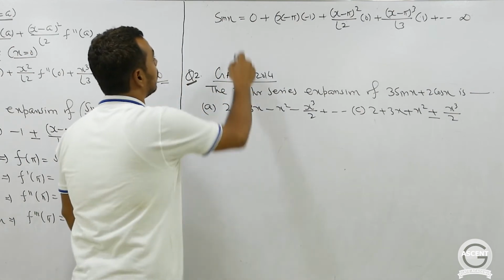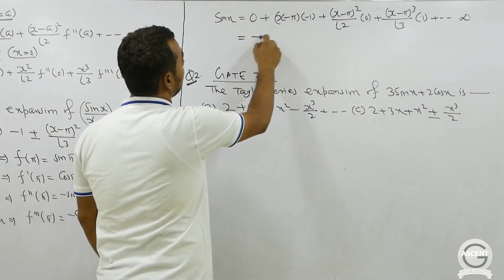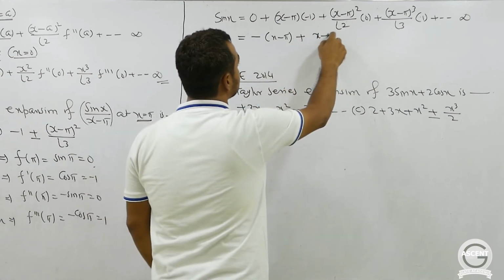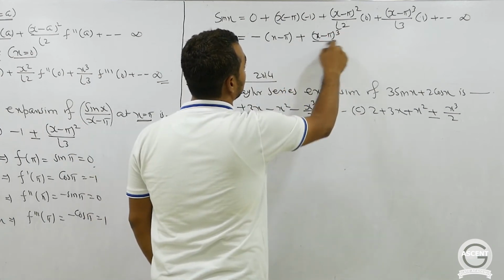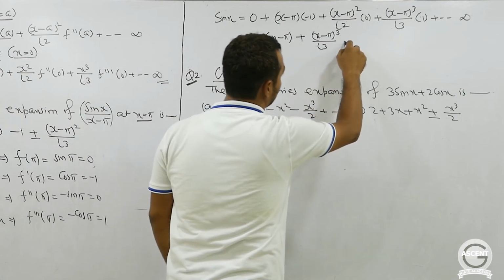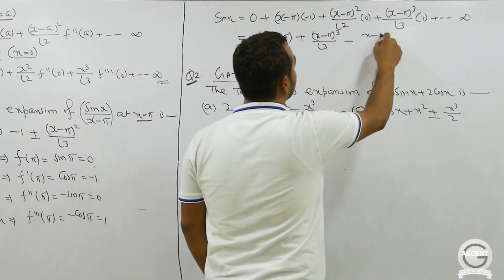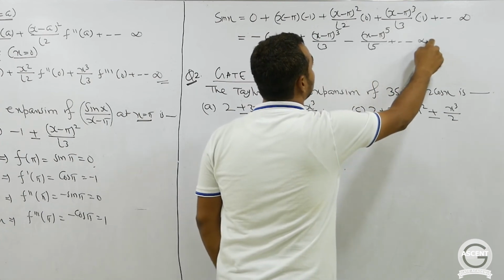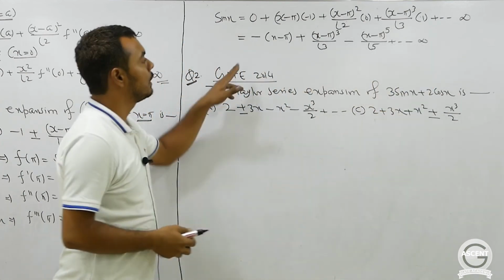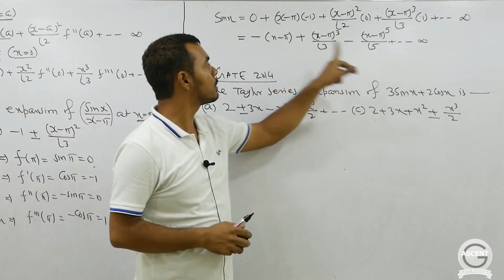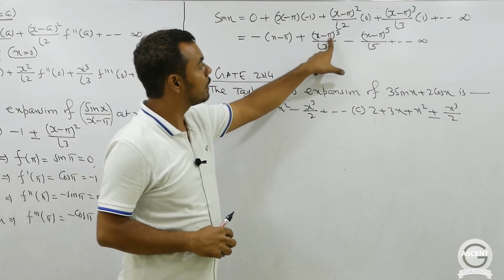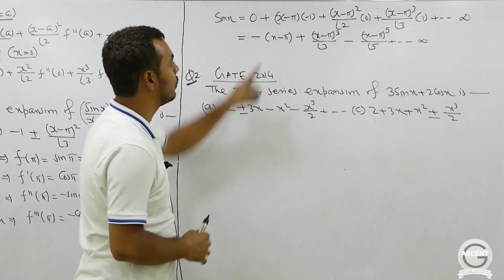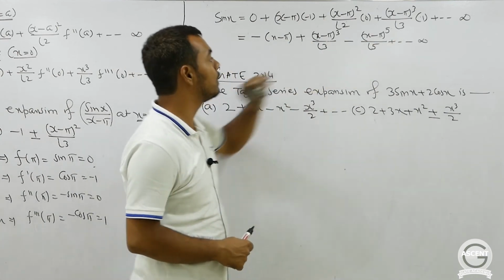Now this can be written as minus x minus pi plus x minus pi cube by 3 factorial. If you want to write, the next term will be minus x minus pi to the power 5 by 5 factorial, up to infinity. You will get this pattern: minus, plus, again minus, plus, all the odd powers of x minus pi: 1, then 3, then 5, next one will be 7.